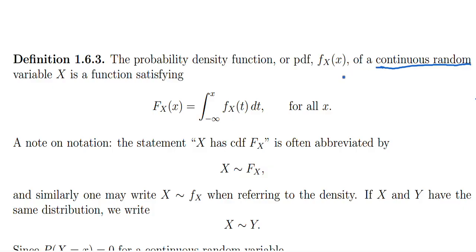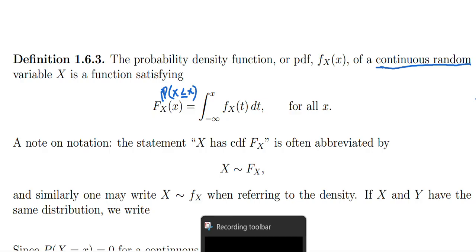If the function is continuous, it must satisfy this thing, and this thing is the probability of x less or equal to x. The probability density function of a continuous random variable x is a function satisfying this. So let us confirm with AI what is actually a definition here.